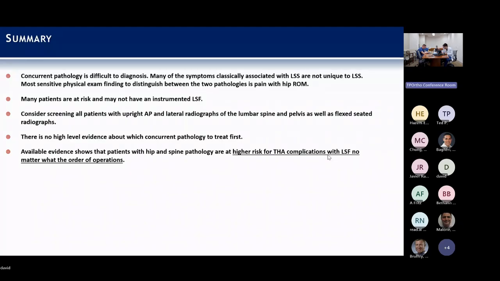So overall, it's a difficult picture. There are a lot of patients with degenerative hip and spine disease, but probably a very small subsection of them have enough disease to cause mechanical compensatory loss that ends up being a problem with operating on either the back or the hip.